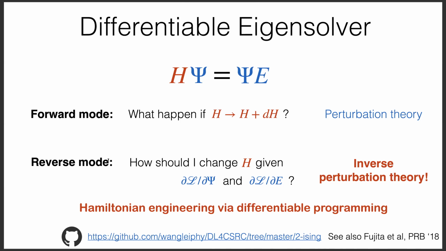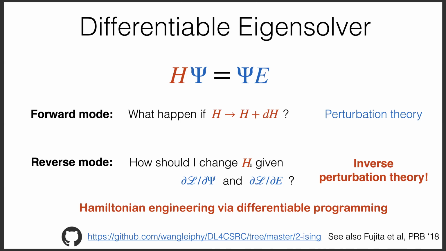And the reverse mode automatic differentiation was asking something slightly different. Again, you need to imagine that in the downstream calculation, in the end, you get a scalar-valued loss function, and let's say you backprop its adjoint a few steps until you reach the adjoint of the wave function and the energy. Then locally you want to ask the question: how should I pull that information one step back to get the adjoint of my Hamiltonian?